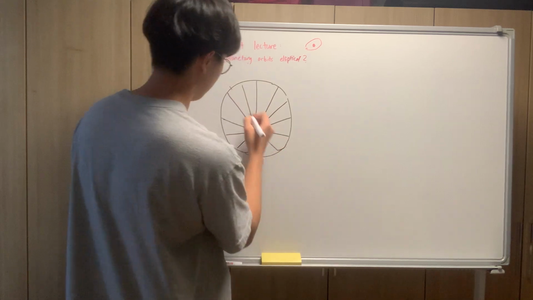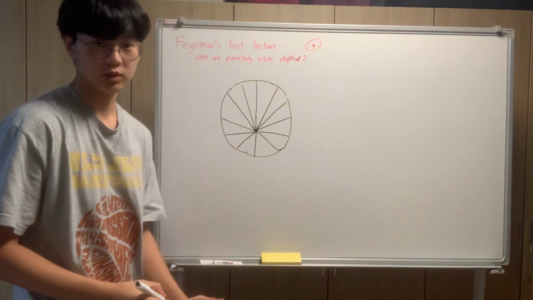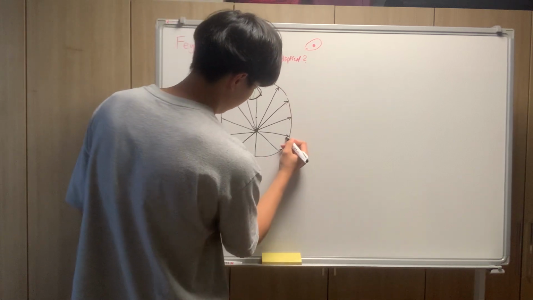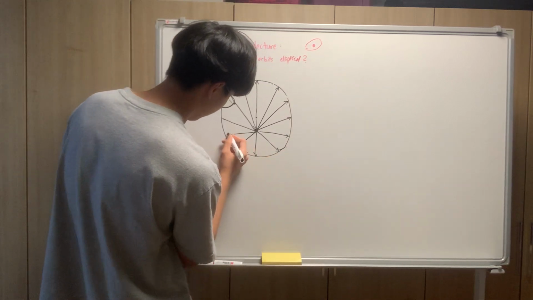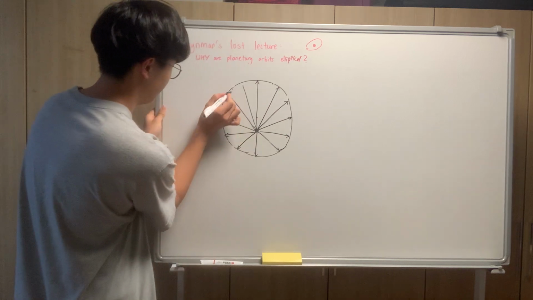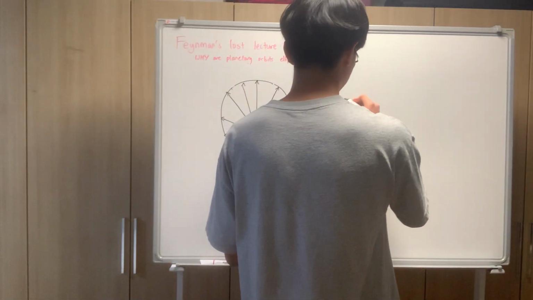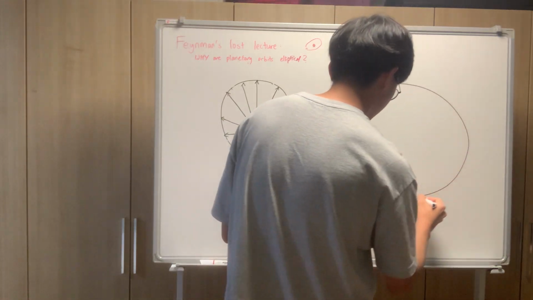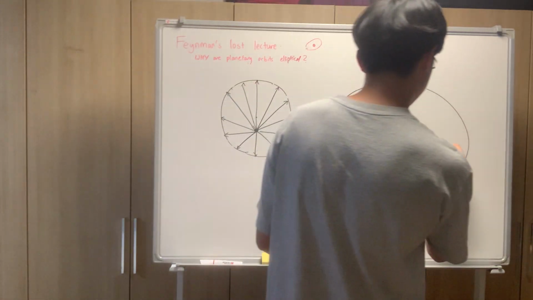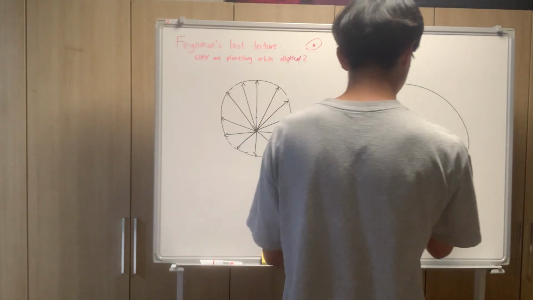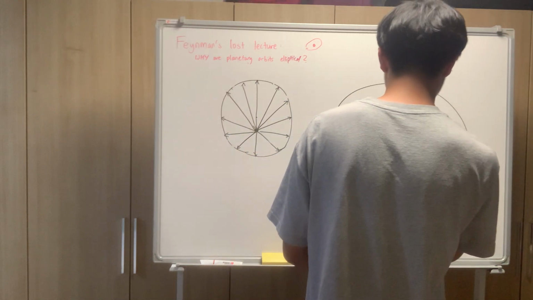So these will be the collection of the velocity vectors from this diagram over here, where we had divided this orbit into parts with equal angles.